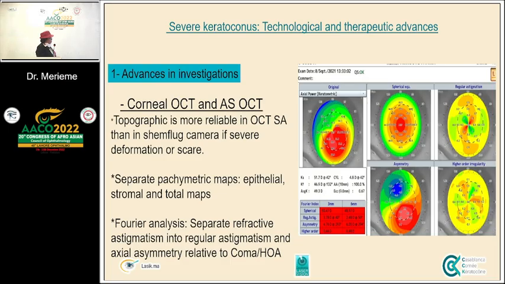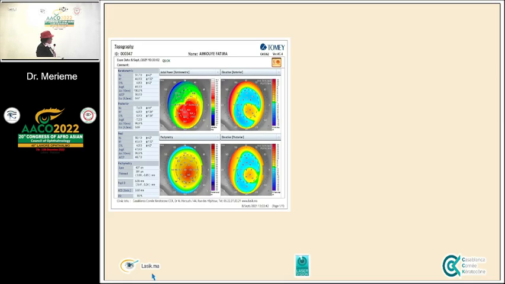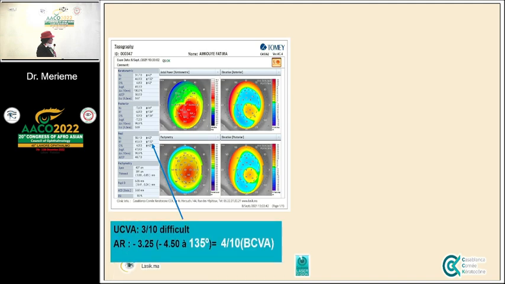And when we correct the patient in this axis, we have better corrected visual acuity. This, for example, is a case where we have the astigmatism topography. The axis is 135.